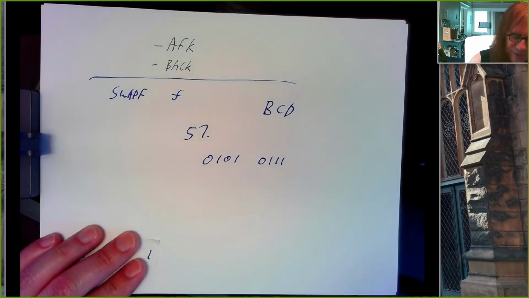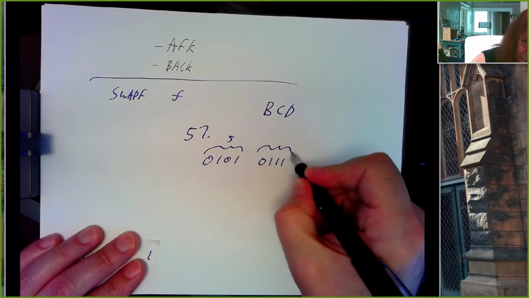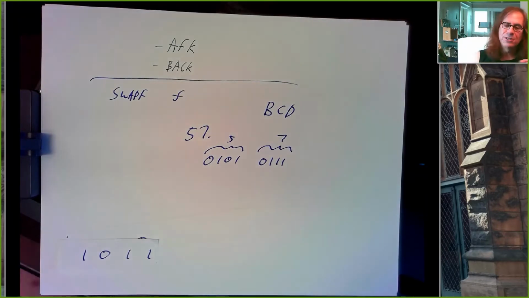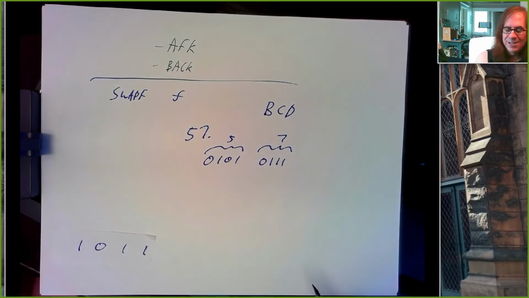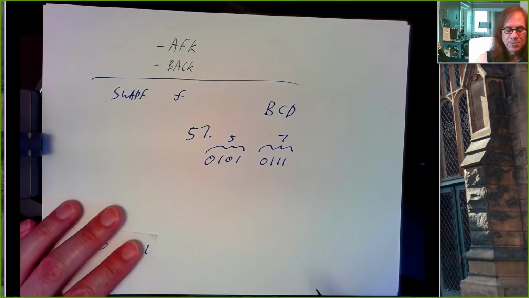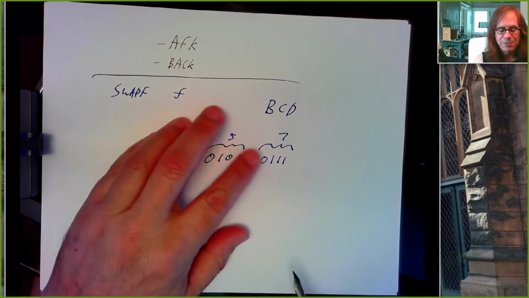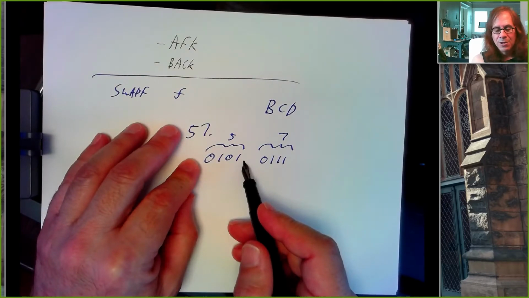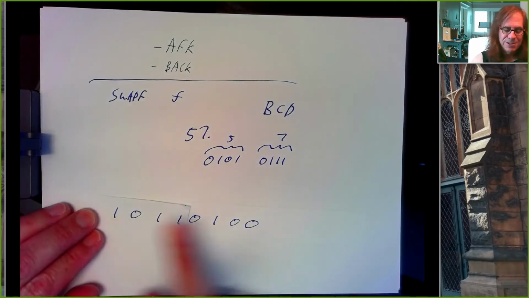I'd write the first digit in binary, that's a 5, and then the second digit, a 7, like that. So this is the number 5 and this is the number 7. Now, it's not standard weighted positional notation. It's not 1, 2, 4, 8, 16, 32, 64, 128. It's a different way to represent decimal numbers. But it's a convenient way sometimes because now, if I want to know what the second digit is, it's just these 4 bits over here. Well, when I'm taking this apart, sometimes I'd have my first digit here, my second digit here.